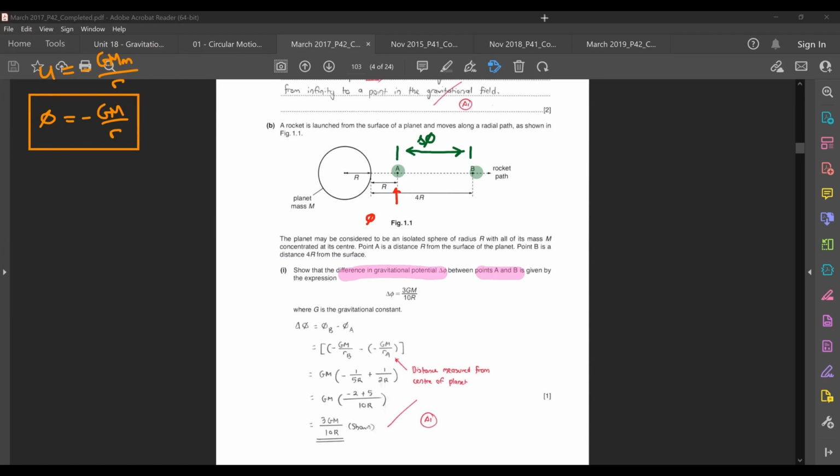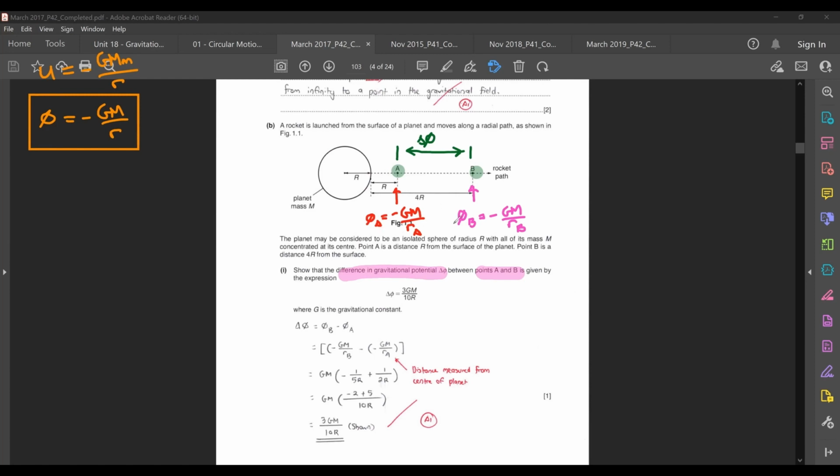So potential at A is negative Gm over Ra, whereas potential at B is negative Gm over Rb.